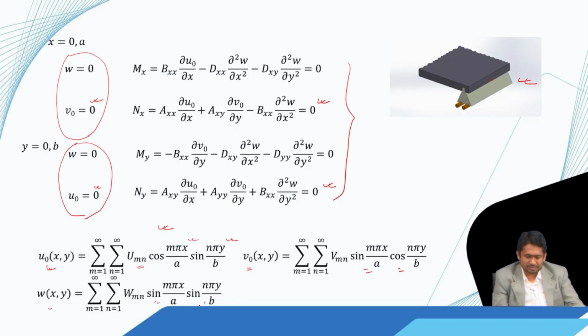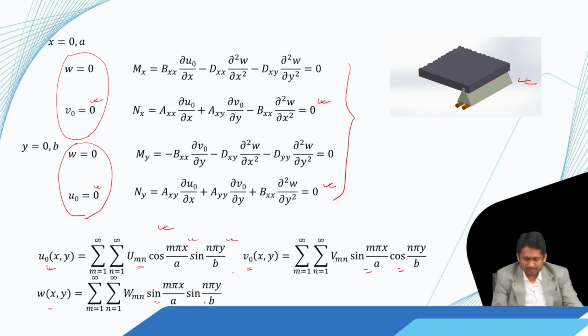So if I put them in the differential equations, we get similar trigonometric functions coming out, and then we can again form a set of algebraic equations where we get our buckling loads as the eigenvalues, and by solving which we can find out the eigenvalues and the buckling modes, the buckling loads and buckling modes.